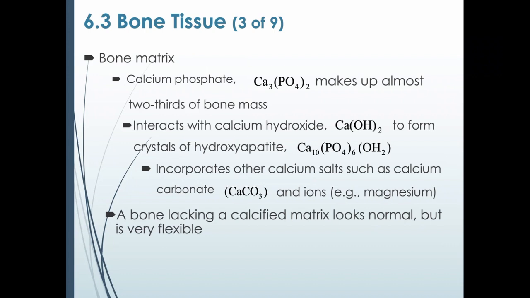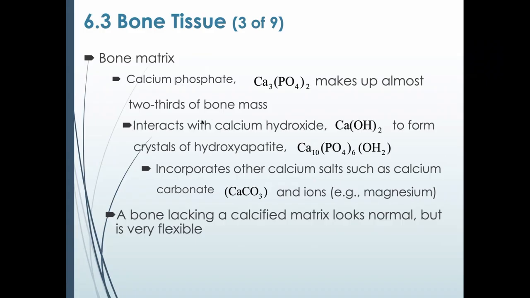When we're looking at the bone matrix, it is going to be made of calcium phosphate. Here's your chemical makeup of calcium phosphate, Ca3(PO4)2, and there are two PO4s. That is going to make up almost 2/3 of the bone mass.